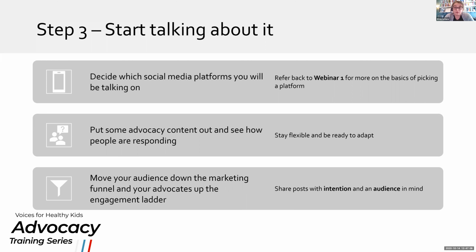So whether that's down the marketing funnel from awareness to loyalty, or it's in the form of a more traditional engagement ladder when we're at that loyalty stage of a 4-message email or a personalized social media video to a high priority lawmaker, we need to be thinking all the time about how can we be sharing our posts with a lot of intention and an audience in mind so that we know who it is we're trying to reach and what we want them to do.